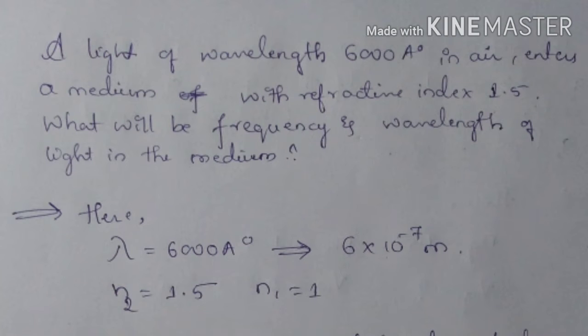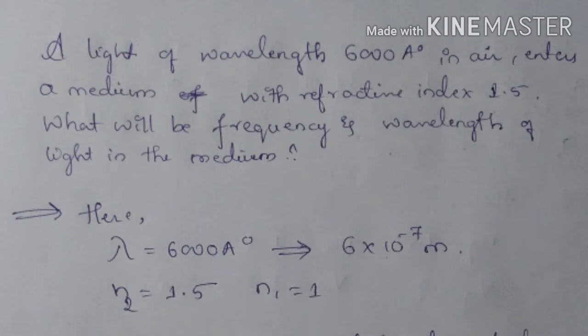Taking these 3 zeros in 6000 as 10 power 3 and multiplying with the Armstrong factor, which is 10 power minus 10, gives 10 power minus 7. So 6000 Armstrong is equal to 6 into 10 power minus 7 meters.